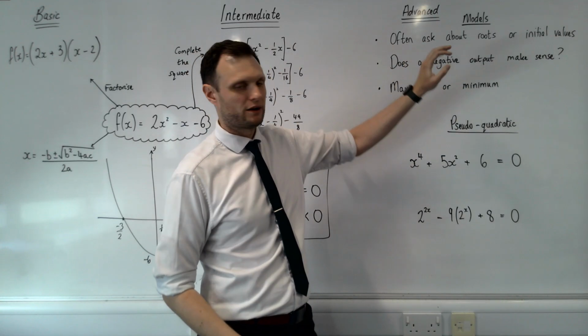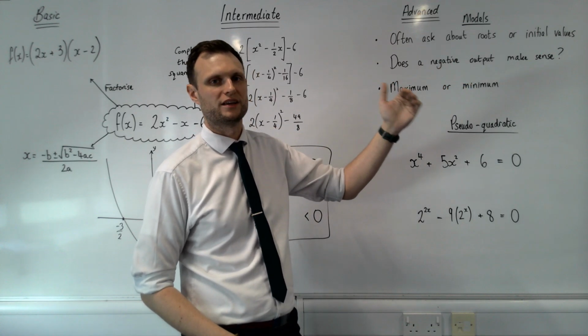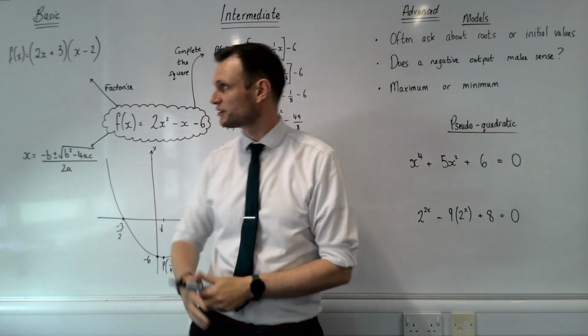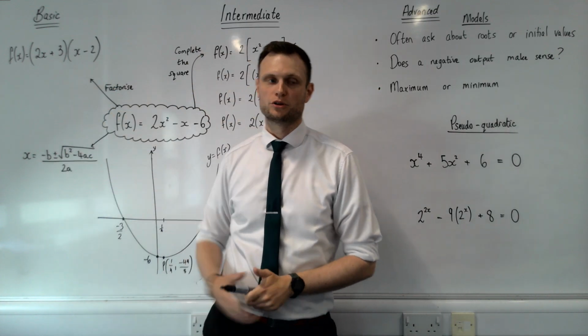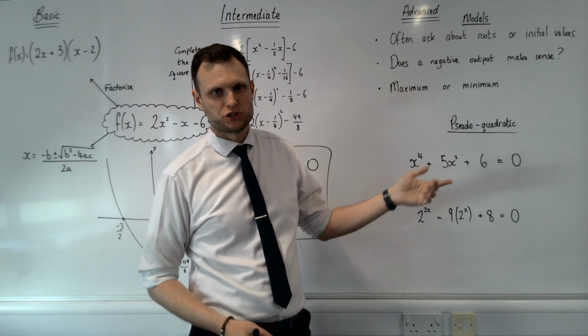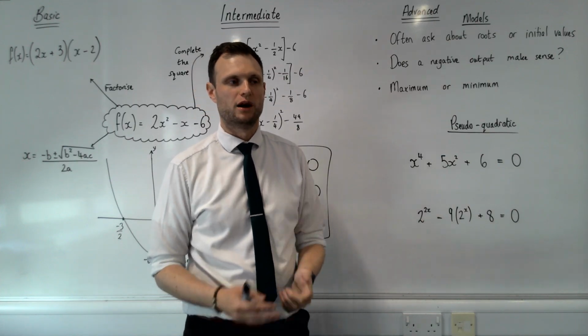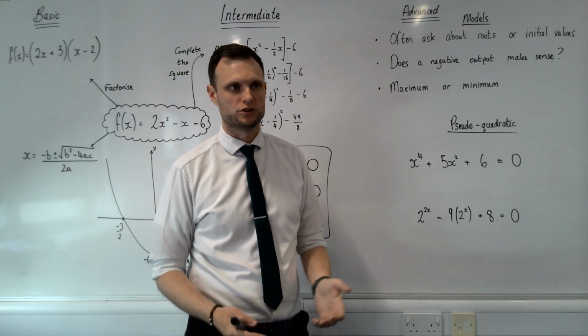It often asks you about roots. It doesn't say roots, but it says when something is equal to 0, in which case all you've got to do is factorise it or use the quadratic formula. And then sometimes it asks about limitations or which values of the input variable are reasonable. It's called the domain.